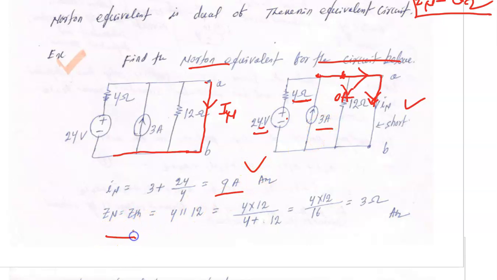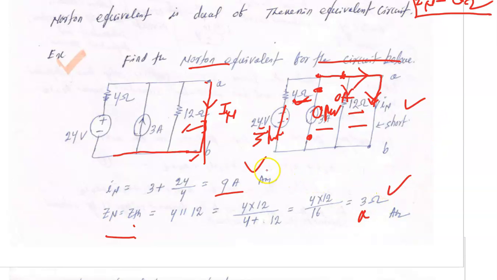For the Thevenin or Norton impedance, as I have told you, reduce all independent sources to 0. When I make the voltage source 0, it will be a short, and when I reduce the current source to 0, it will act as an open. With this voltage source shorted, you can see this 4 ohm resistor is in parallel with the 12 ohm resistor. Looking into this side, 4 into 12 upon 4 plus 12 gives you 3 ohm.